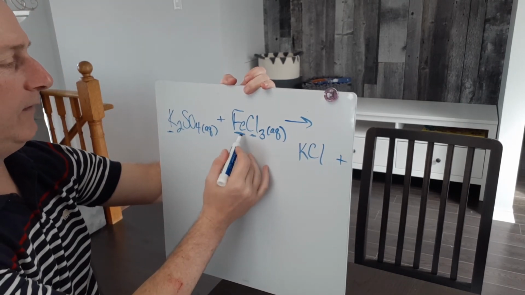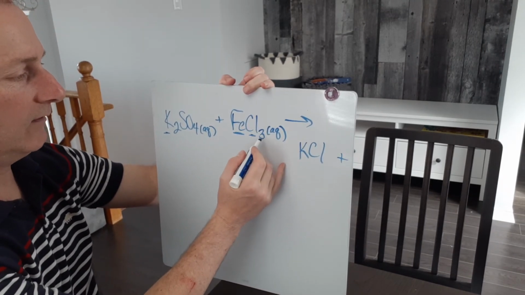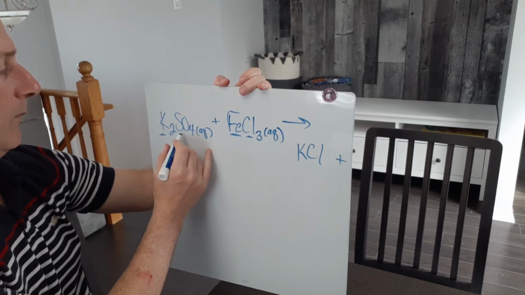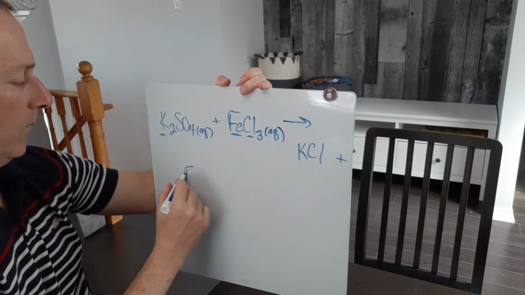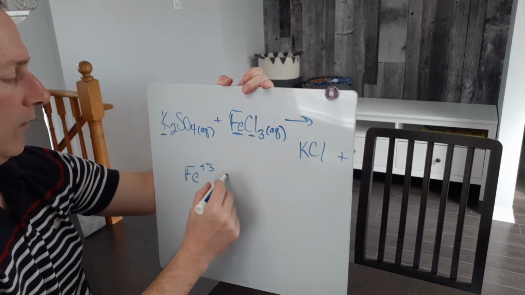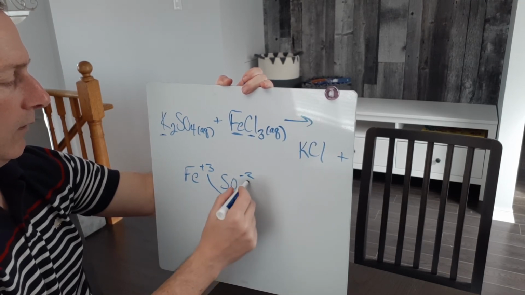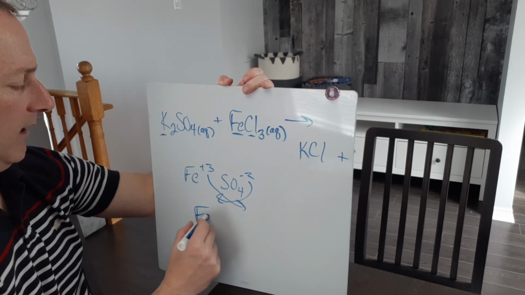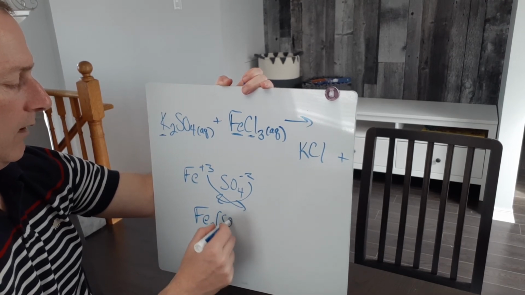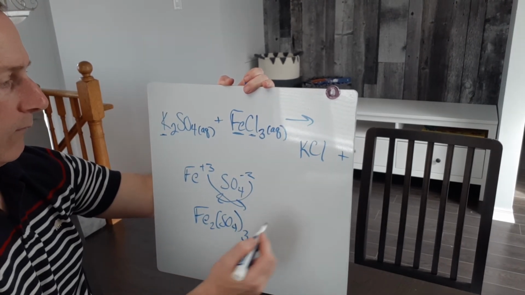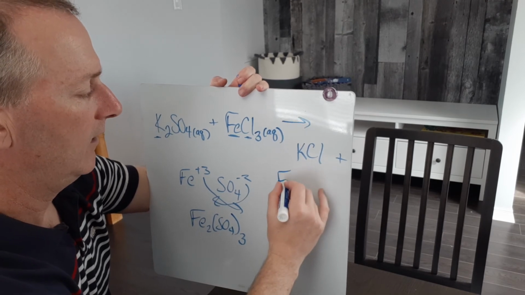Then I'm going to have Fe, and I know it's Fe3 because that's what it was here. Fe3 combined with SO4, so I'll remind you of the crossover. SO4 negative 2, cross down, can give me Fe2(SO4)3. That's my other product.